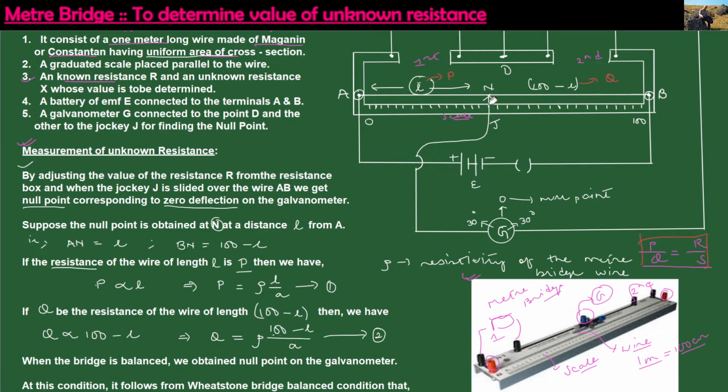When you slide this pencil jockey along this meter bridge wire, you will observe a zero deflection on the galvanometer, which is known as your null point.